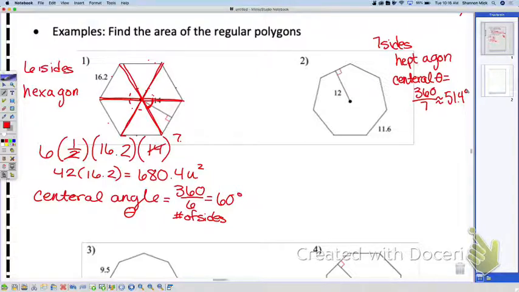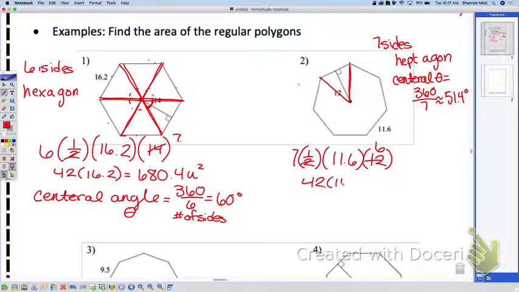So I'm not going to divide it into all the triangles this time. I'm just going to draw it into one. Does that work for everyone? Okay, so how many total triangles are we going to have? 7. 7 times what? 1/2 times 11.6 times 12. So I'm assuming we're taking half of 12. Yeah, 6. So 6 times 7 is 42 again.